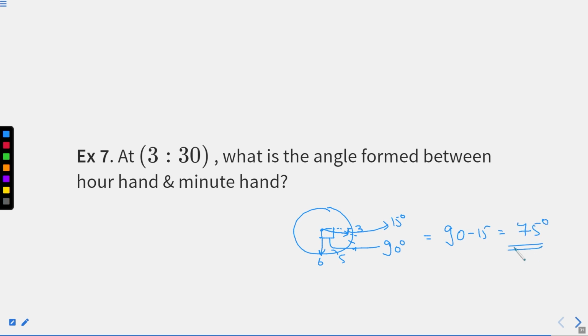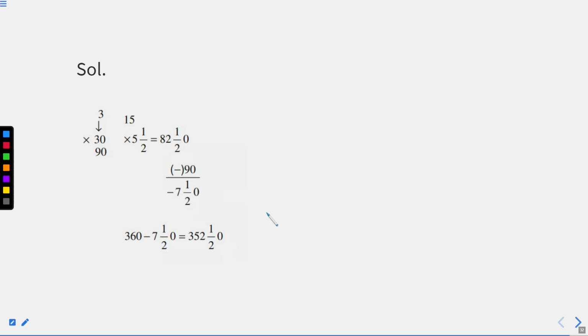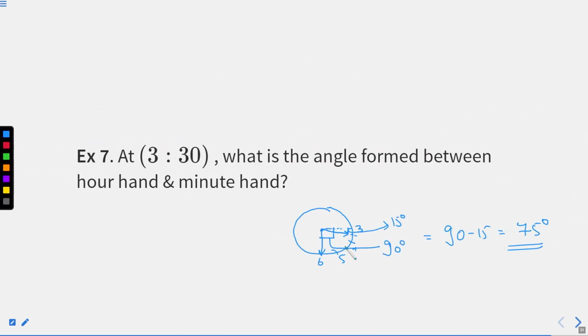I hope this part is also clear. You can check here as well, right? In the solution part, we can get this. Maybe you find this method a bit complicated, so you can directly solve this angle. What is the angle formed between the hour hand and minute hand? That is 75 degrees. This is the inner angle, right?